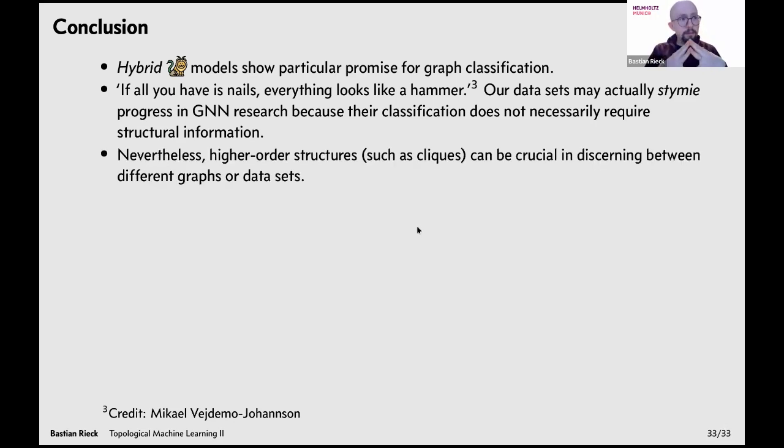Nevertheless, I don't want to end on a pessimistic note. I believe that higher order structures, and this could be cliques, but this could also be higher order simplices, or even cycles, or something like this, can be crucial in discerning between different graphs or even data sets. So there's great work by Buritzas and others on leveraging cliques, for instance, and imbuing graph neural networks with additional information about these sort of things.